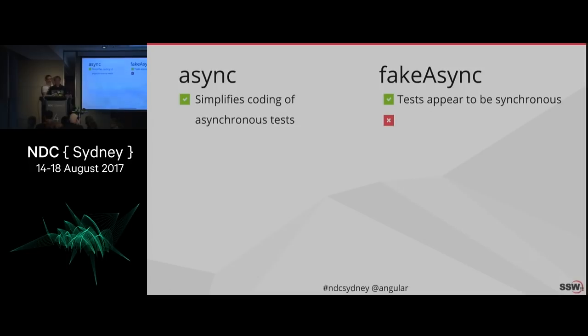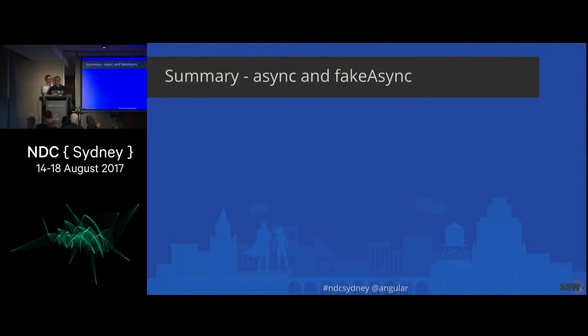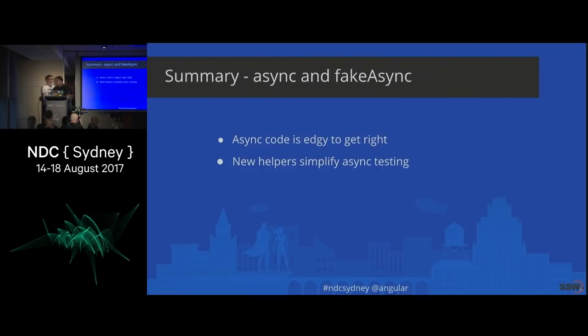The challenge with fake async though is that there's some situations where it doesn't work. For example, you can't make XHR requests. So in summary, writing testing code can still be a little edgy, but the new helpers that we've got with async and fake async make life a lot easier.